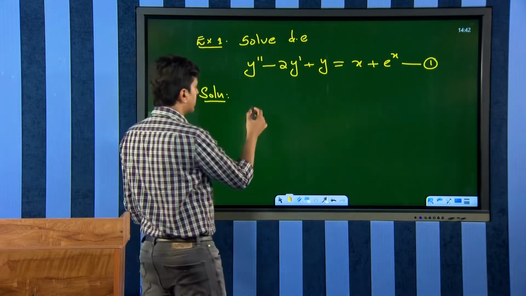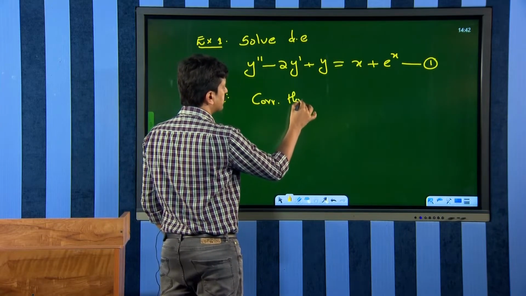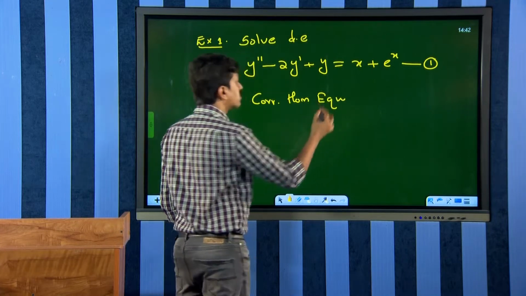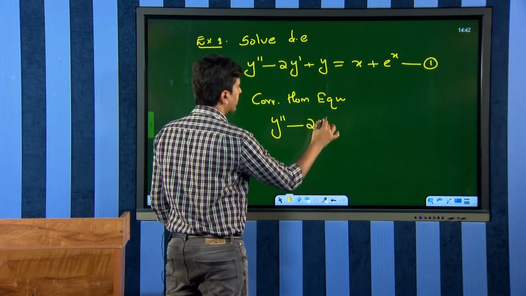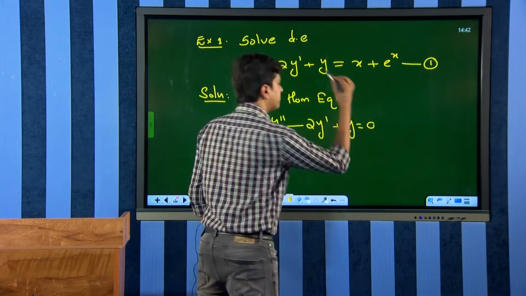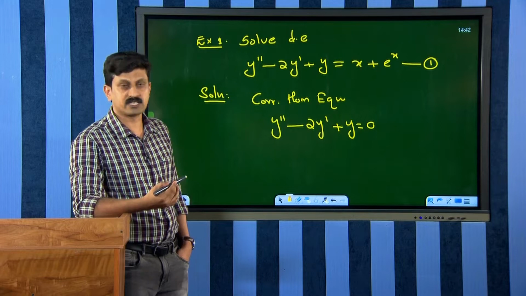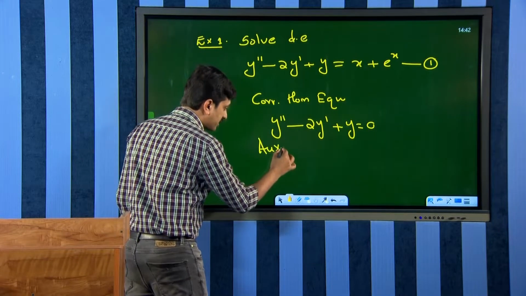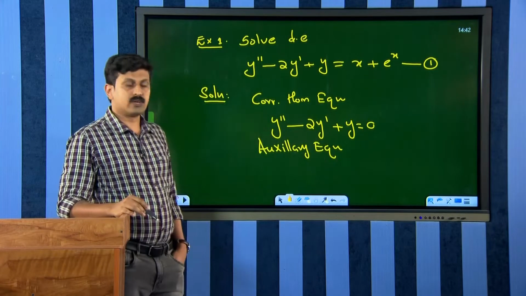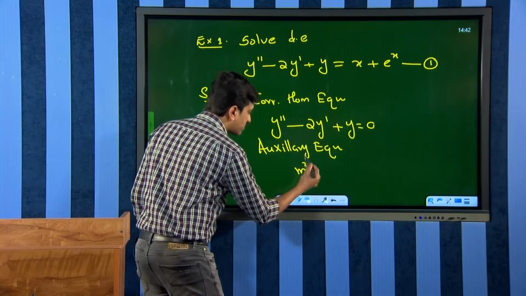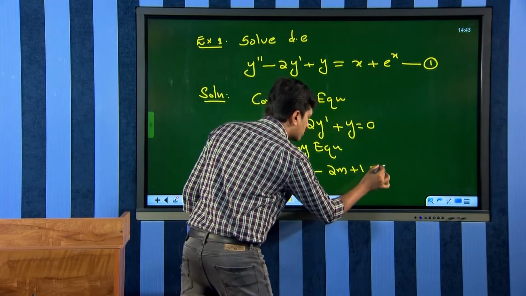The corresponding homogeneous equation is y double dash minus 2y dash plus y is equal to 0. Dear students, next we write the auxiliary equation: m square minus 2m plus 1 is equal to 0.